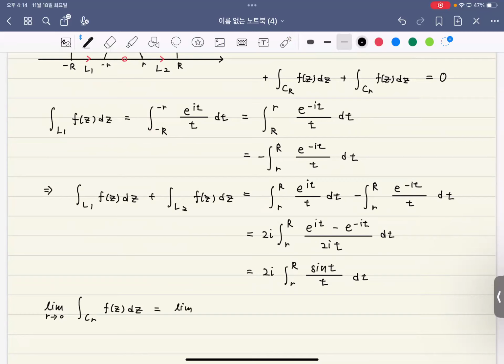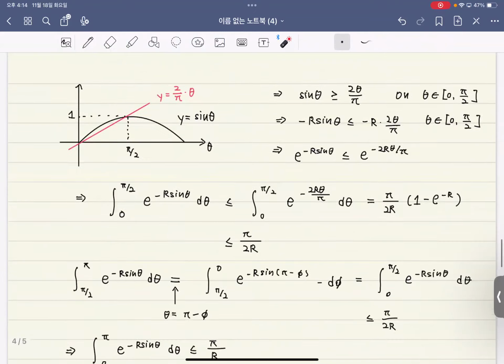This is e to the iz over z. And this is a simple pole, a pole of order 1.